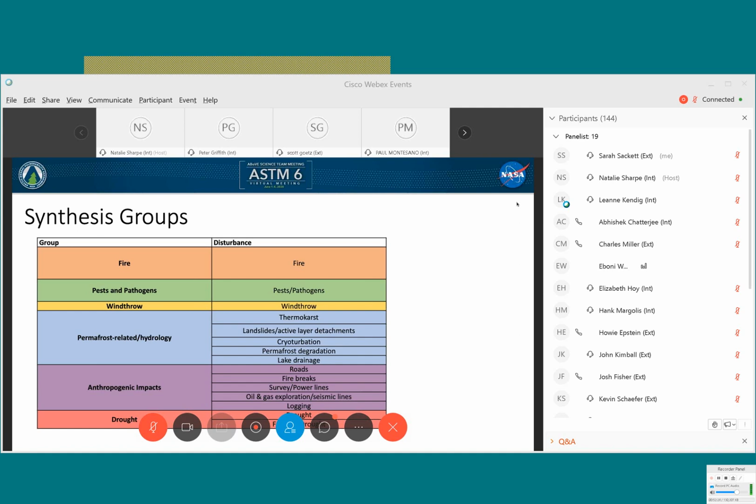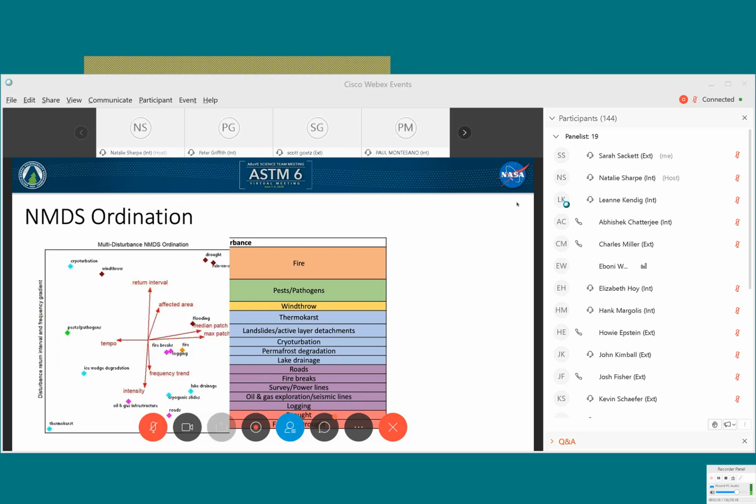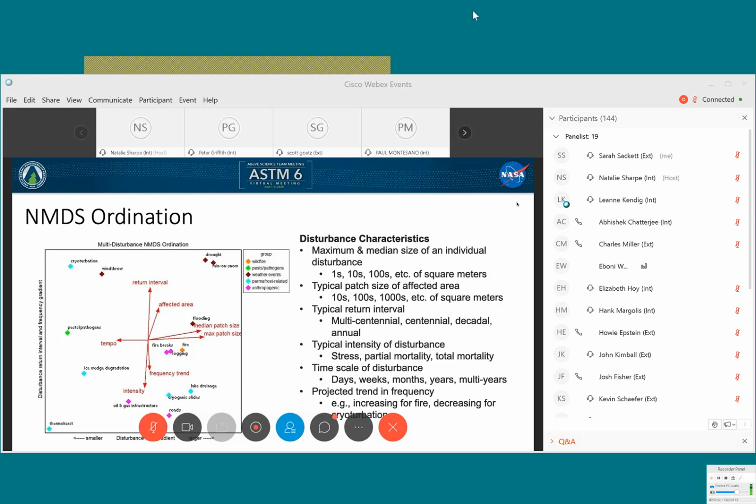This is an interesting figure that J.J. Frost made for this synthesis. He did an NMDS ordination on all the different disturbances we were focusing on using different spatial, temporal, and intensity characteristics. The graph shows preliminary results for his ordination. The x-axis is the size gradient for the disturbance, and the y-axis is the frequency and intensity gradient.